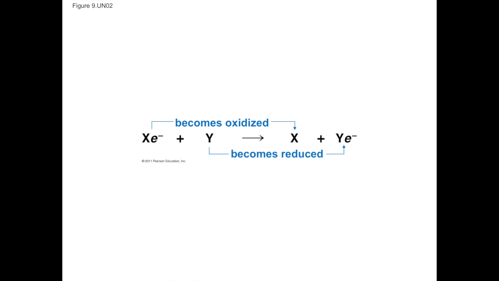So you can generalize and say that if we have molecule X and atom Y, if we move an electron from X to Y, one of these reactants is going to become oxidized because it's lost an electron, and the other reactant is going to gain that electron and become reduced.